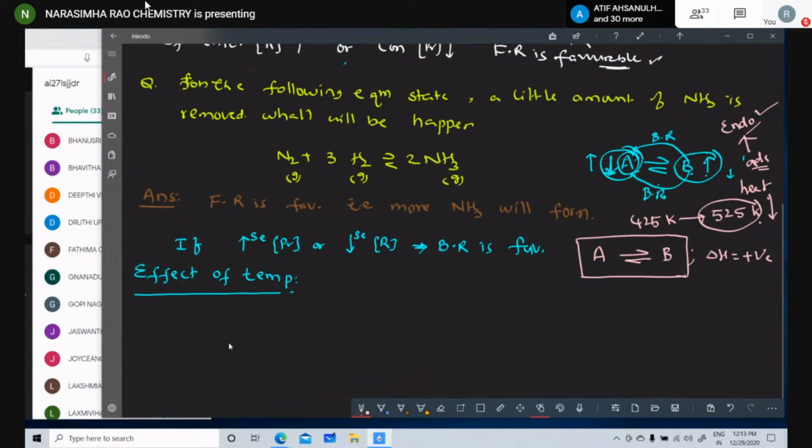Children, anybody doubt regarding this one? Anvita, Vasavi, Anvita. No doubt, sir. Right, good girl. Right, children. Observe this one.